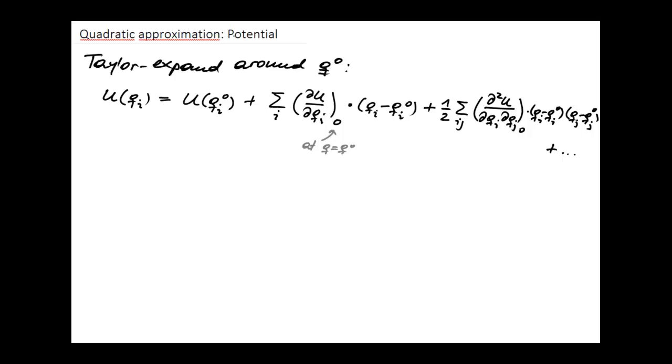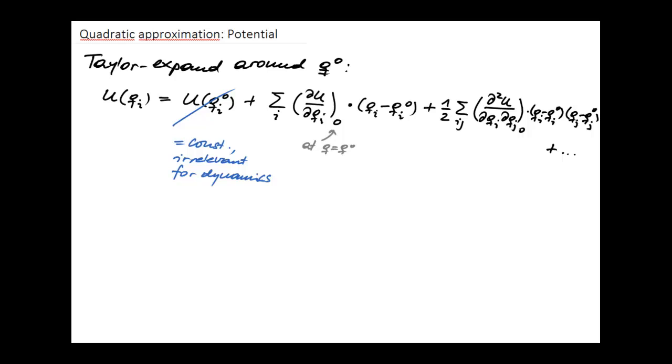It shifts the energy scale, and that doesn't have any impact on the dynamics. So we can neglect this term. We can say, well, this is a constant, and this is irrelevant for the dynamics of the system.